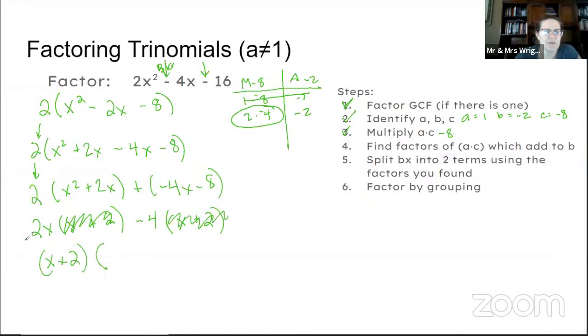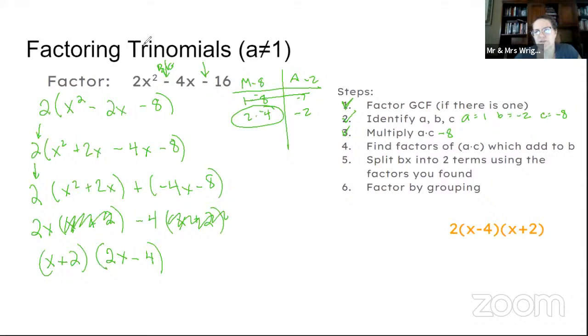And then I'm going to put my outside items inside a different parentheses here. So 2x minus 4. So I'm left with term 1, x plus 2, and term 2, 2x minus 4. So there you go. Well, you could also leave that 2 out because this is actually the more proper answer here.